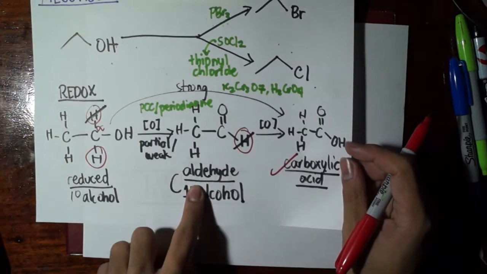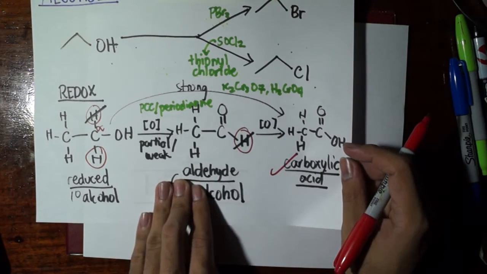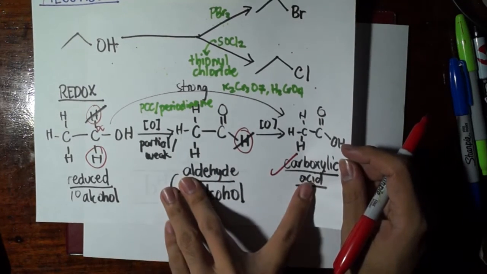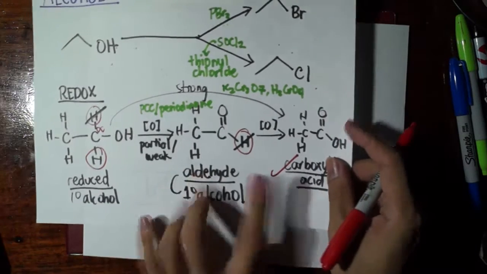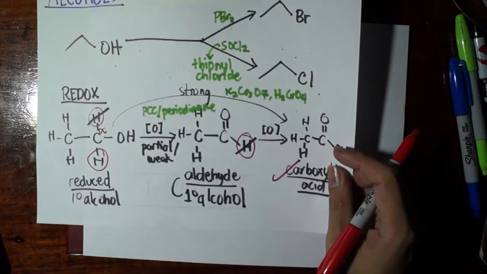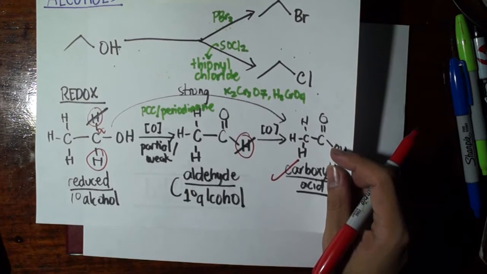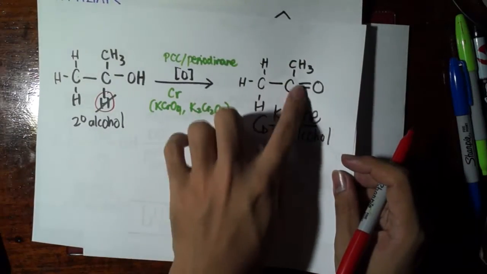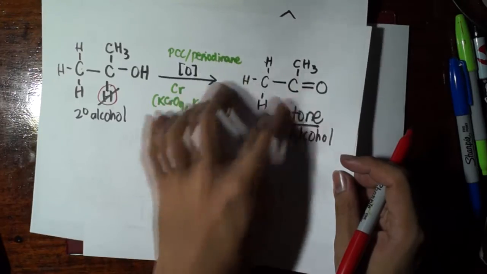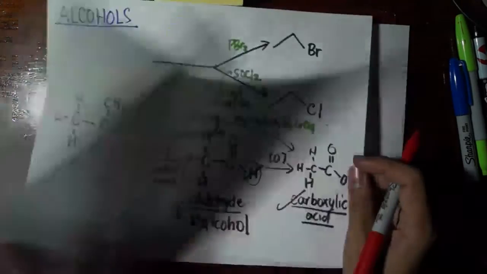And from an aldehyde, actually, if we oxidize it further, it will become a carboxylic acid. Ketones, on the other hand, do not have that capability. Alright? When you try to oxidize a ketone, nothing will happen, because when you have a ketone, you don't have any more hydrogens to sacrifice for oxidation.